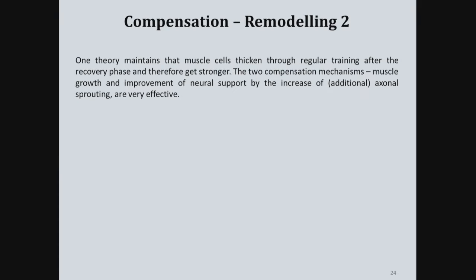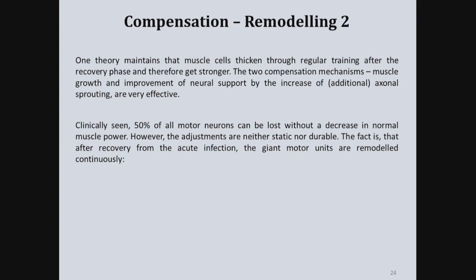Compensation remodeling 2. One theory maintains that muscle cells thicken through regular training after the recovery phase and therefore get stronger. The two compensation mechanisms, muscle growth and improvement of neural support by the increase of additional axonal sprouting, are very effective. Clinically seen, 50% of all motor neurons can be lost without a decrease in normal muscle power. However, the adjustments are neither static nor durable.